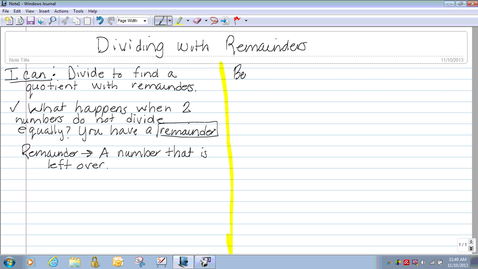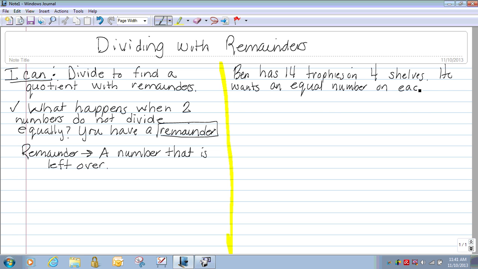Ben has 14 trophies on 4 shelves. He wants an equal number on each shelf.